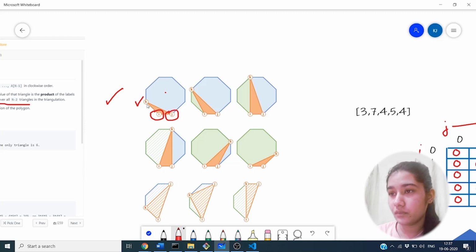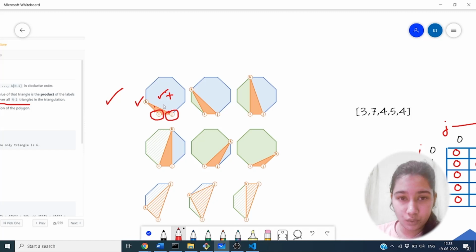In the first condition, we initialize the value of k with i plus 1. So we will be forming this triangle and leaving this polygon. So we need to find the minimum possible value in this remaining polygon recursively.